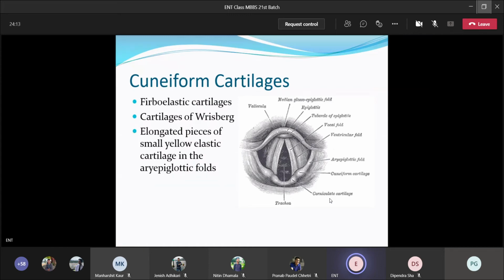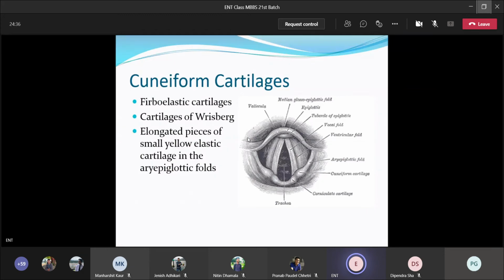The cuneiform cartilage is a fibroelastic cartilage of Wrisberg, an elongated piece of small yellow elastic cartilage in the aryepiglottic folds. So this is the cuneiform cartilage.